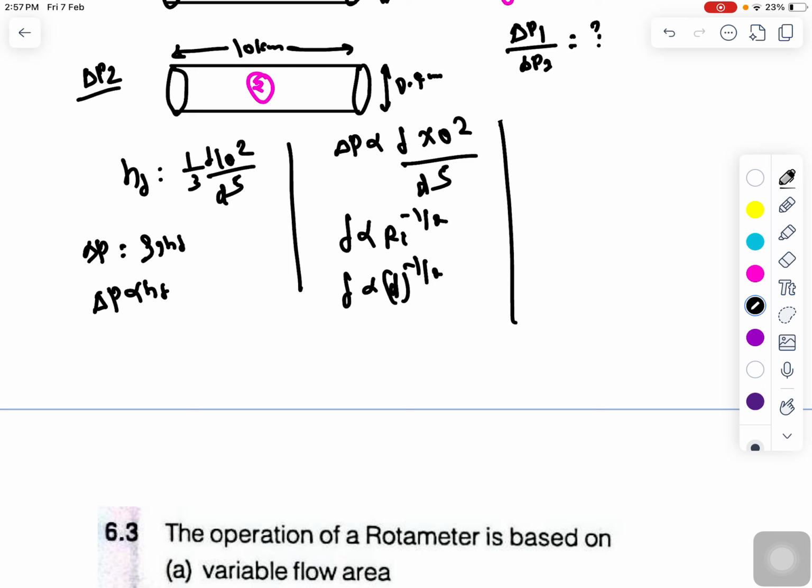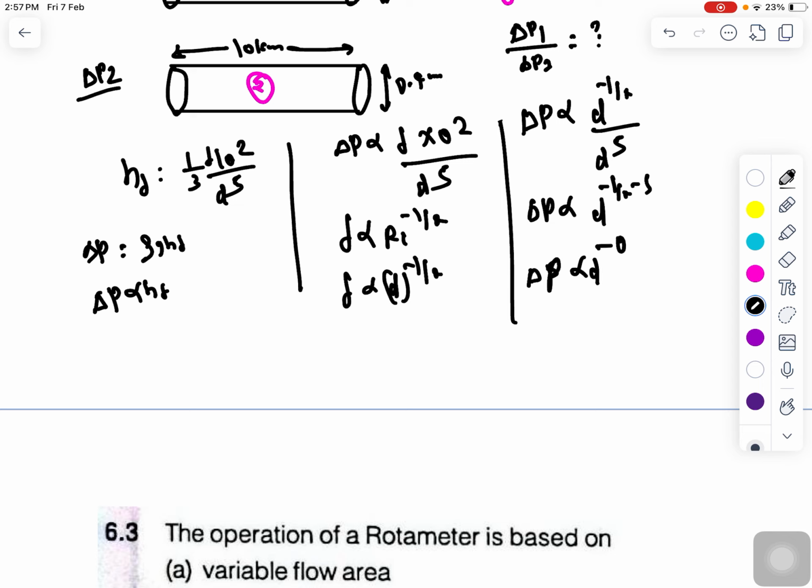Is that clear? Since the flow rate will be the same, delta P is directly proportional to D to the power minus 1 by 4 divided by D to the power 5. So delta P will be directly proportional to D to the power minus 1 by 4 minus 5, that is D to the power minus 5.25.